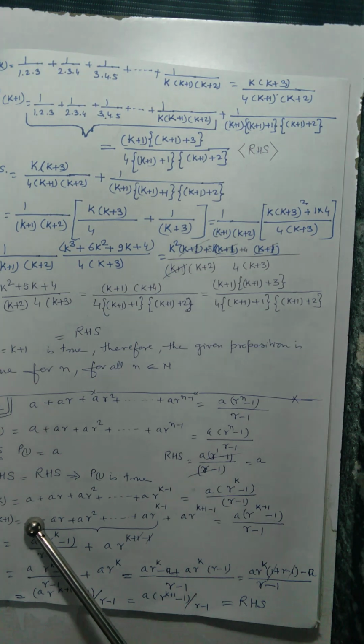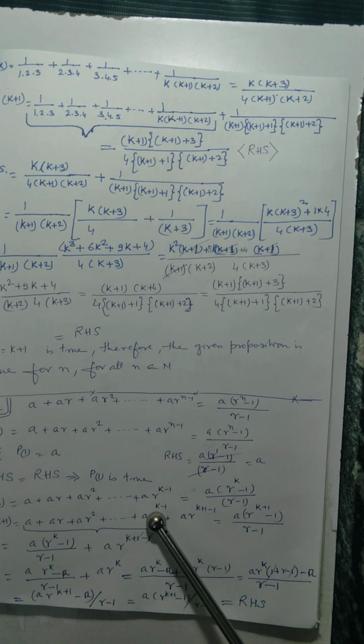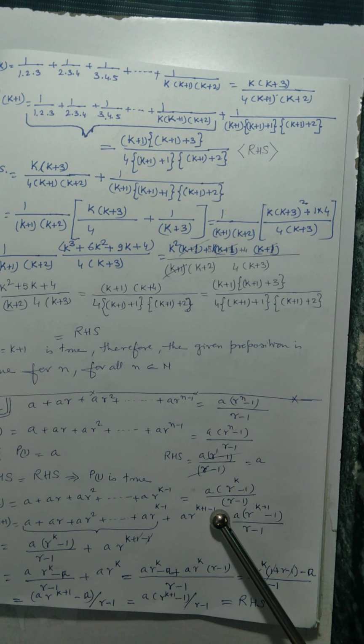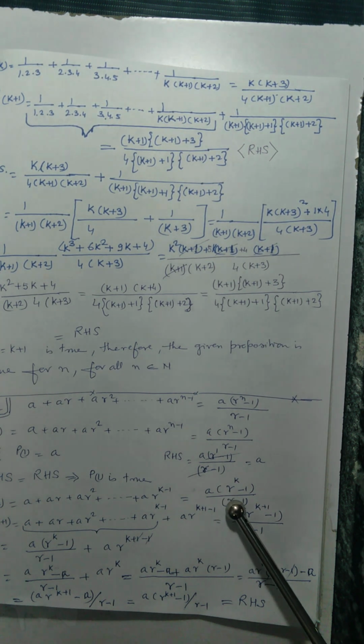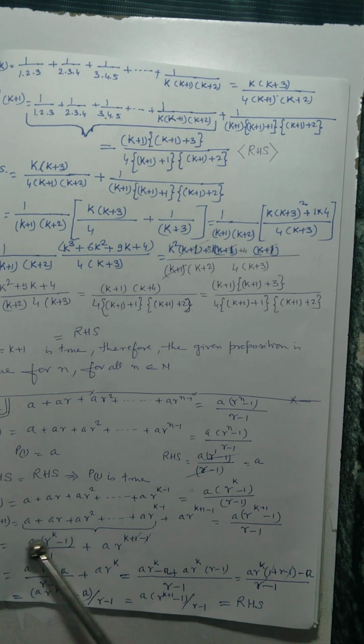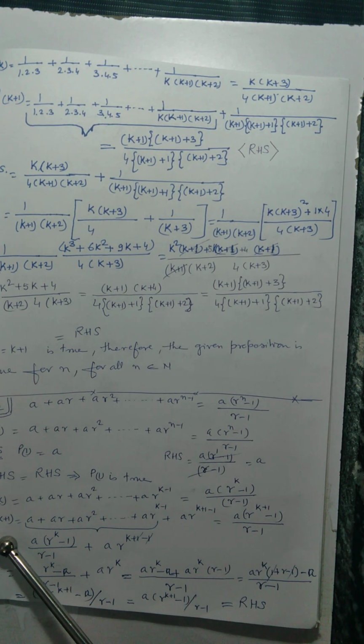Pk is a plus ar plus ar square plus ar raised to power k minus 1, whole will be equal to a into in bracket r raised to power k minus 1 whole divided by r minus 1. Now we prove it for Pk plus 1.